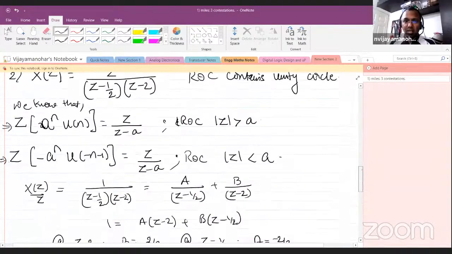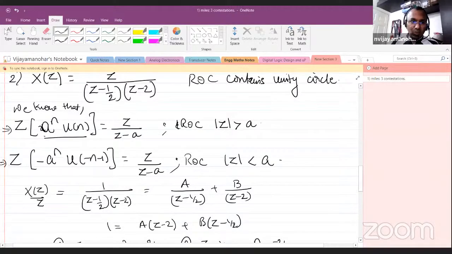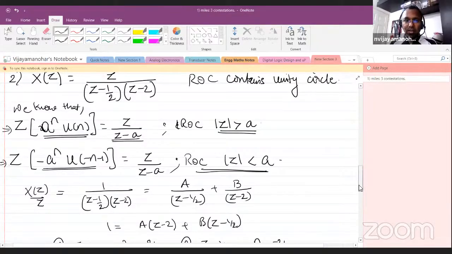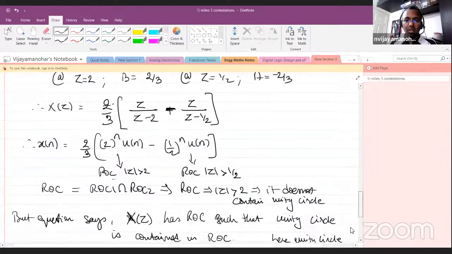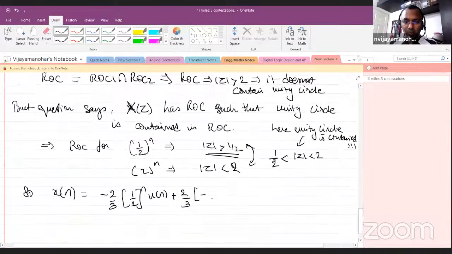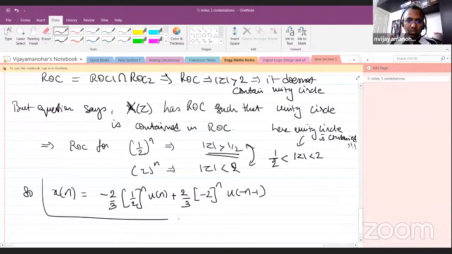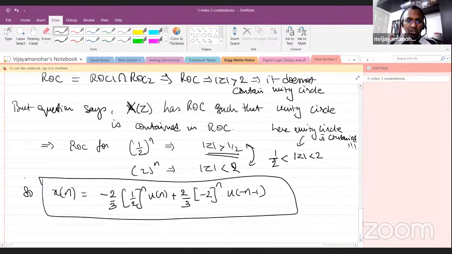See, if I write the inverse z transform in this form, the ROC is greater than. If I have to write an ROC with mod z less than, it should be in this form. So I should write the 2 power n as minus 2 power n u of minus n minus 1. This is the correct answer. All the four options given were very cunningly and confusingly given, but this will be the correct answer.